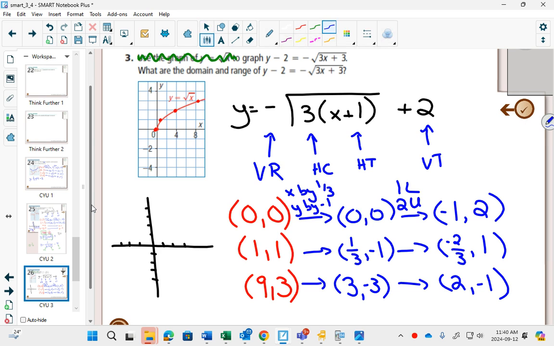But when I graph on my own, I make sure that I label negative 2/3, comma 1. And I guess the best that I can do is estimate where that is. And 2, negative 1. This was my starting point.